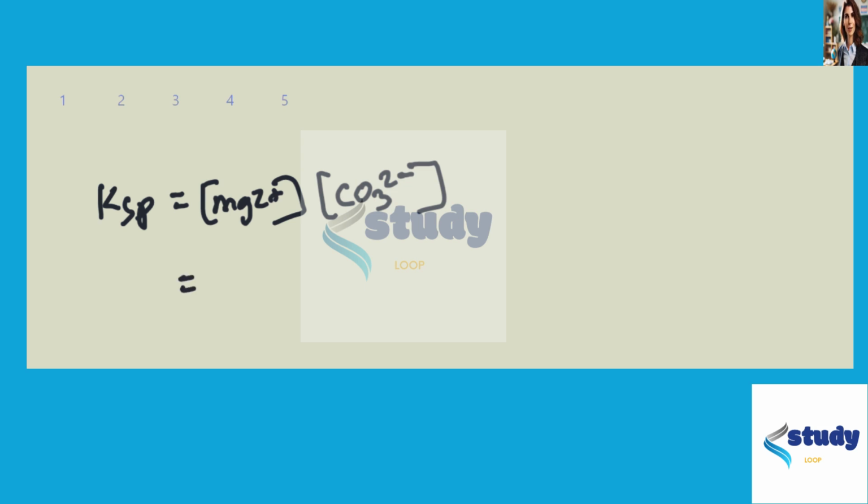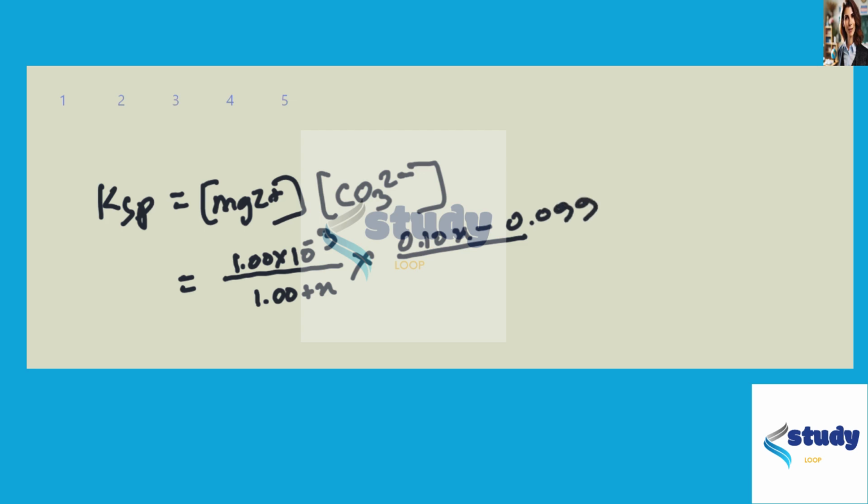And here the magnesium ion concentration is 1 times 10 to the power minus 3 over the total volume, which we already calculated as 1 plus x, times the carbonate ion concentration, which is 0.1x minus 0.099 over 1 plus x liter.